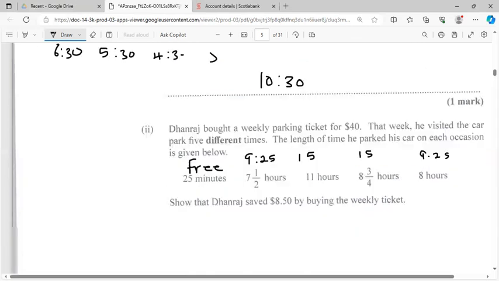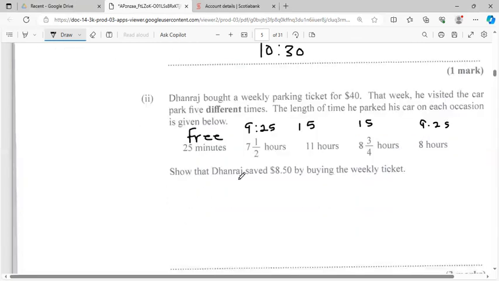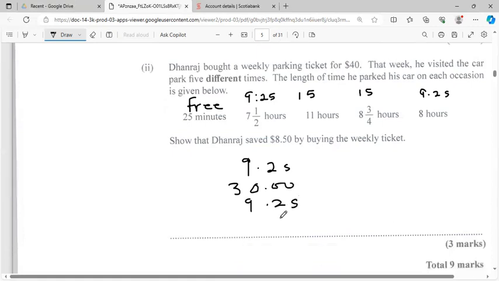So all I have to do is just total this. $9.25, 15 and 15, that's 30. So I'm just gonna put 30, guys. $9.25. So this should give us the grand total of what it costs. So you have 5 and 5, 10. Just give you 5, 9 and 9, 18, 8 carry 1.